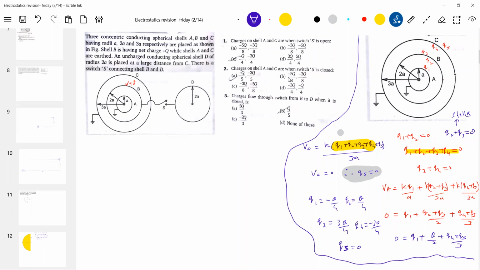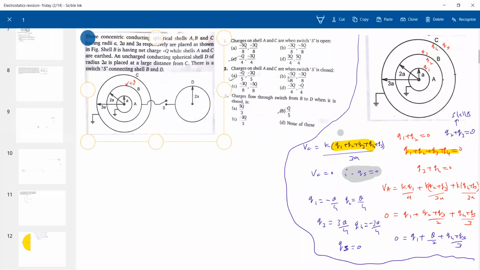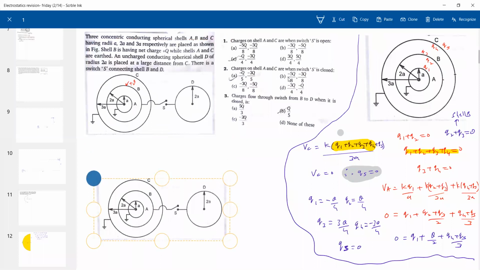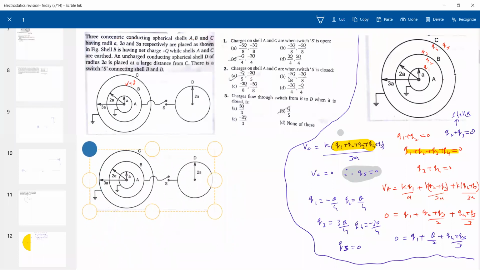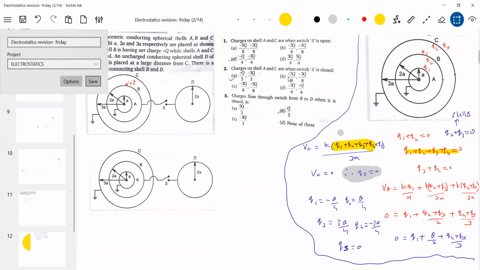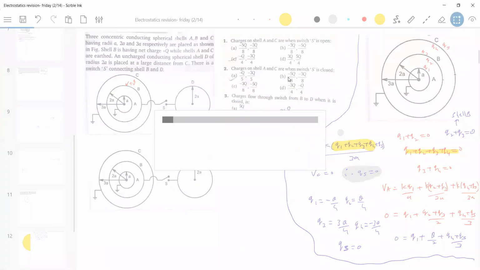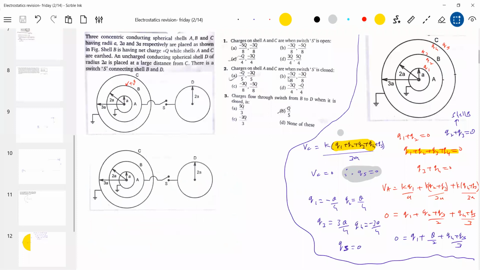So let me have this diagram. See, we don't have any other options to solve the problem. What we already studied for the basics, the same thing has to be applied here. Now with the switch open, what are the charges?